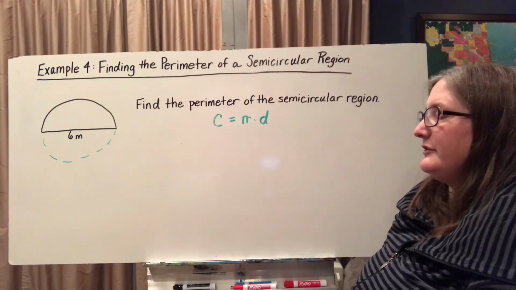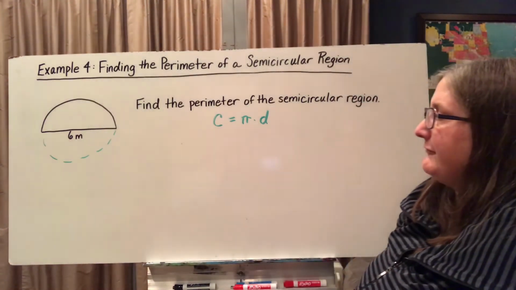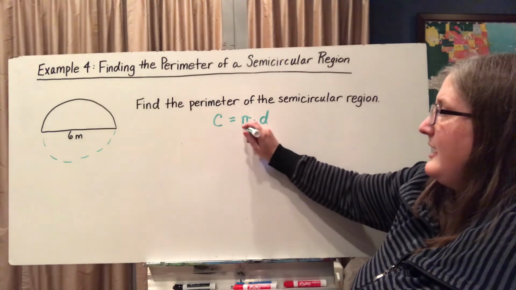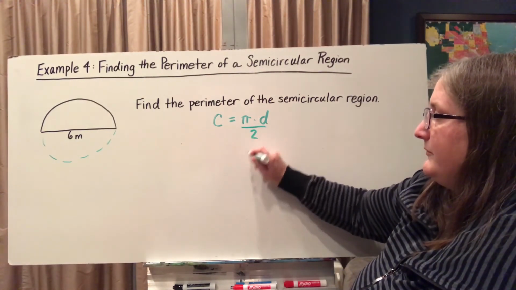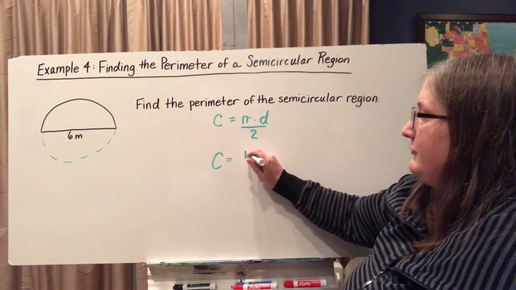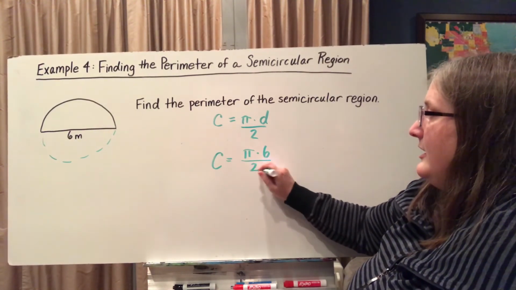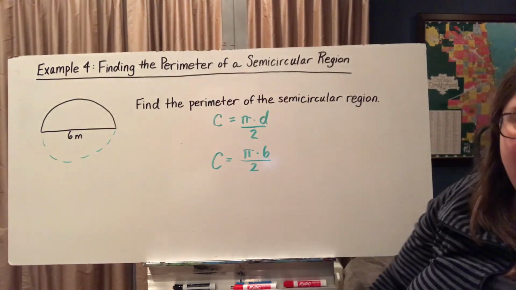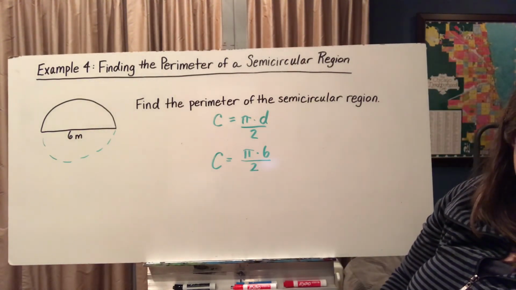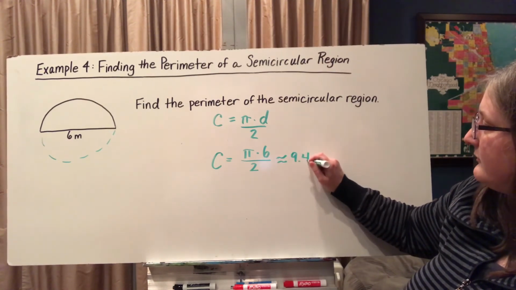But since for the circumference part here, I don't want a full circle, I only want half, I am going to take this and divide it by 2. So I'm going to find the circumference of a semicircle, do pi times 6, which is my diameter, divided by 2. And I get approximately about 9.4 meters.